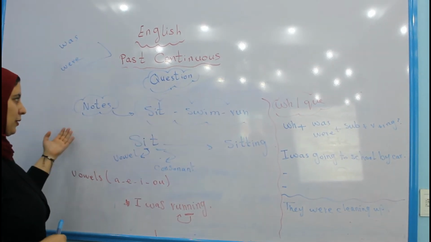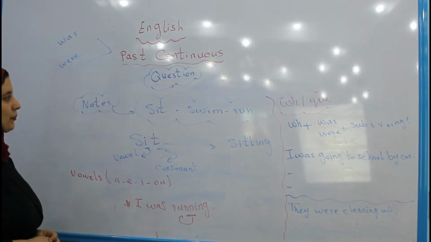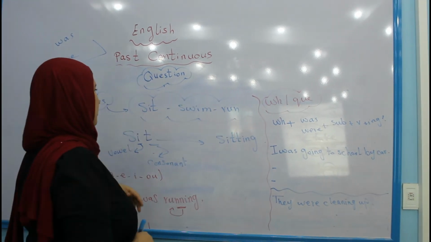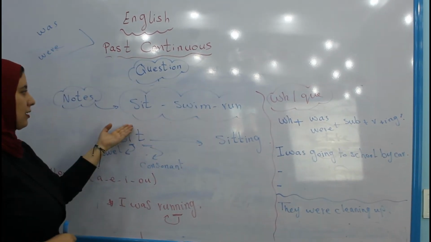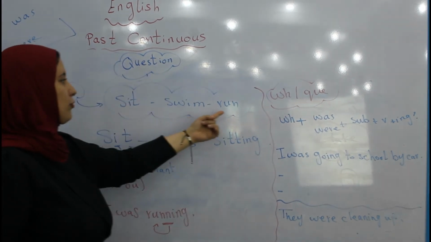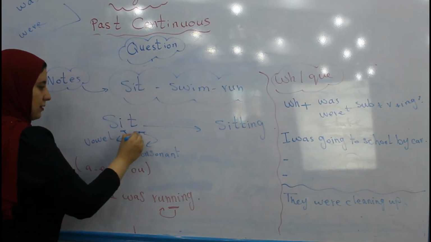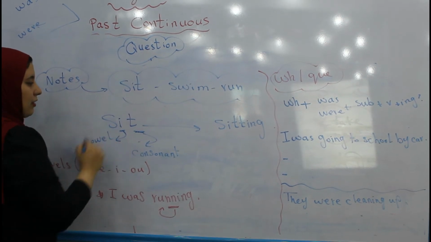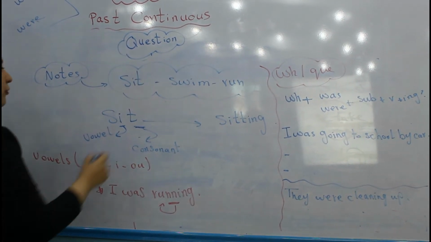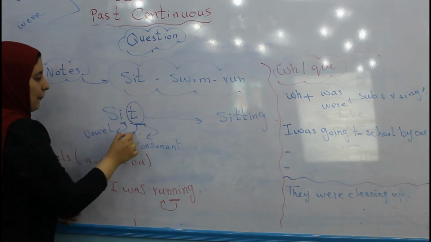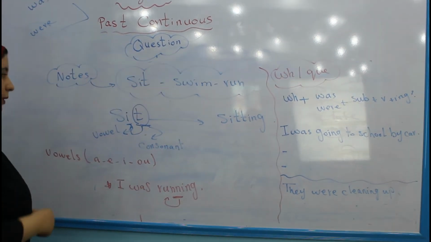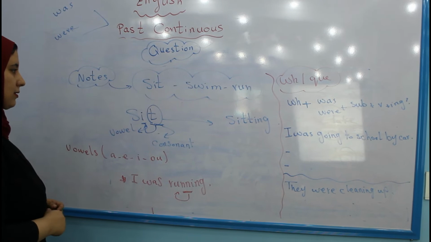Now we have another note. If we have a verb like sit, swim, run, where the verb ends with a consonant preceded by a vowel, we double the consonant.